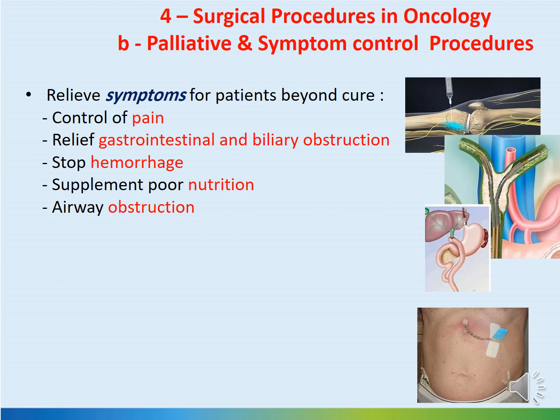So I think we spoke about the curative surgery. Number two of the surgery we use in cancer is called palliative or symptom control procedure. What does that mean? I told you that we go for surgery to resect or remove the entire primary tumor.